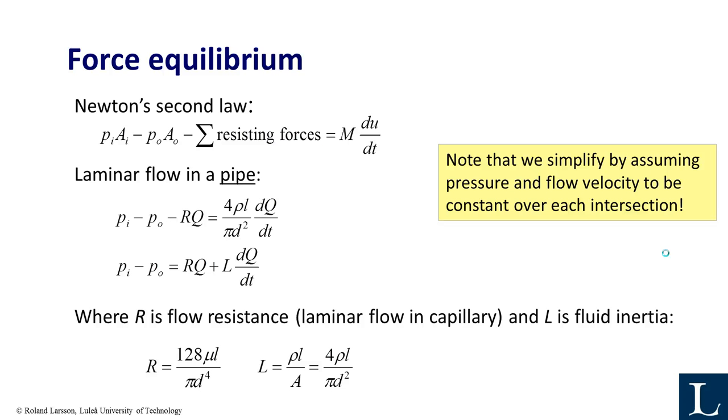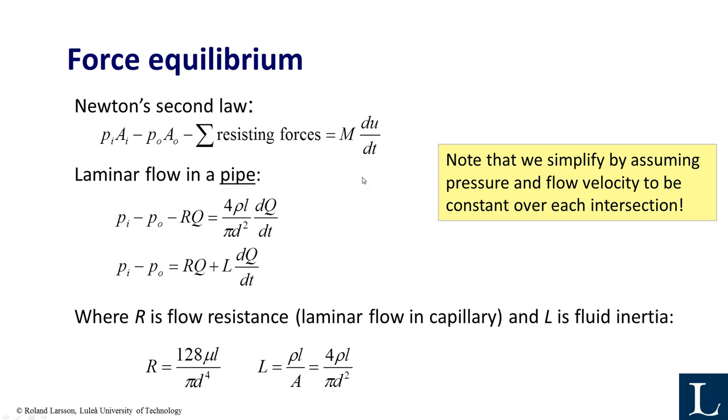Okay, now let's make use of the other law. That's the force equilibrium. So if we apply Newton's second law, the force in the different ends of this fluid flow element is simply the pressure multiplied by the area in the inlet minus the pressure and area in the outlet minus the resistance forces should be the same as the mass multiplied by the acceleration of the fluid.